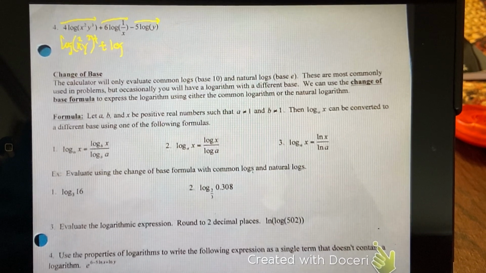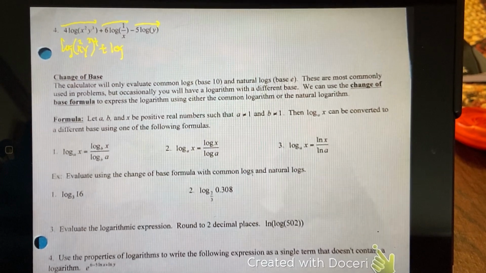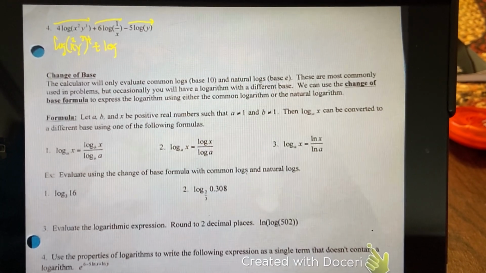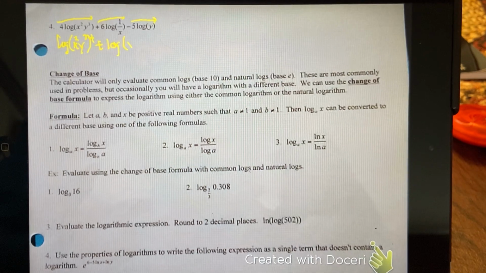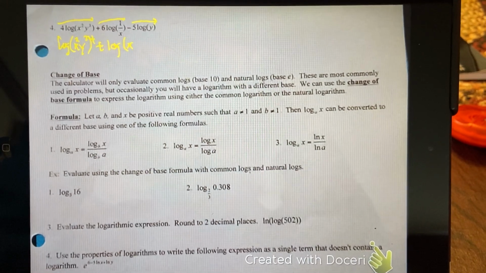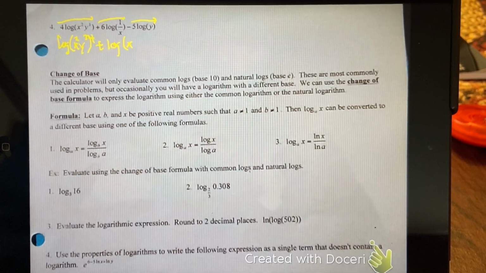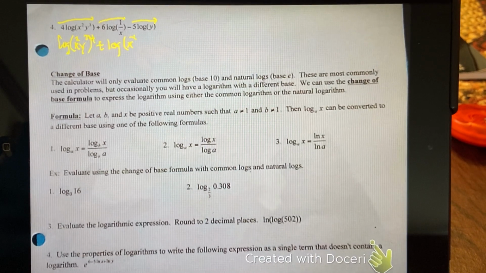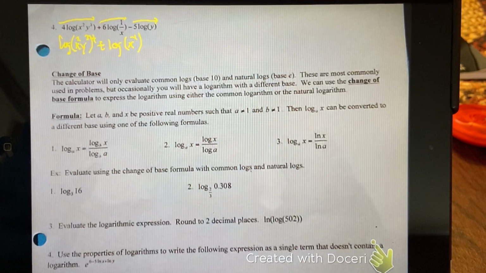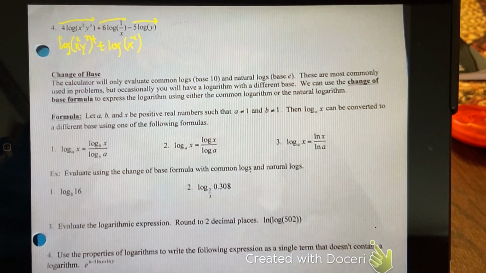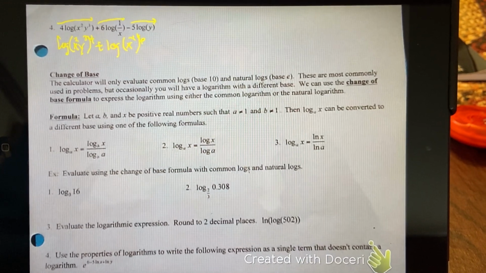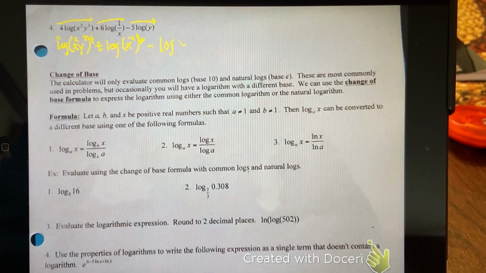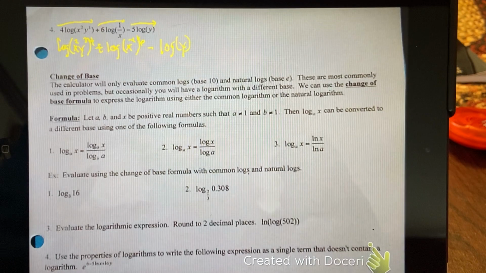Now, 1 over x. That looks a little funny. But you know what? A few lessons ago, we knew what we need to do with x to make it an exponent. So 1 over x means x to the -1. That's a -1 there. And then it's to the 6th power. And then minus log y to the 5th.